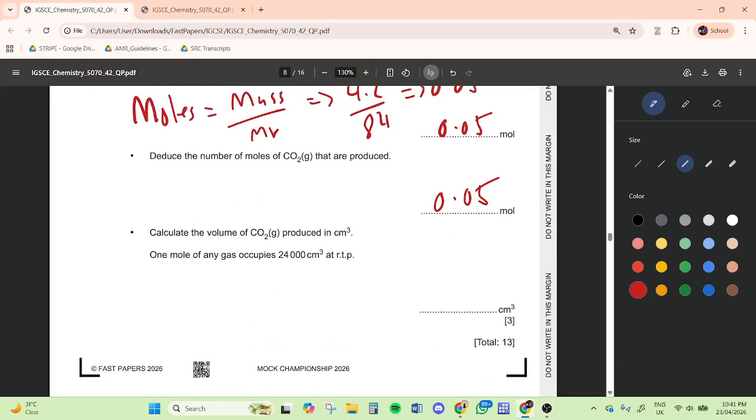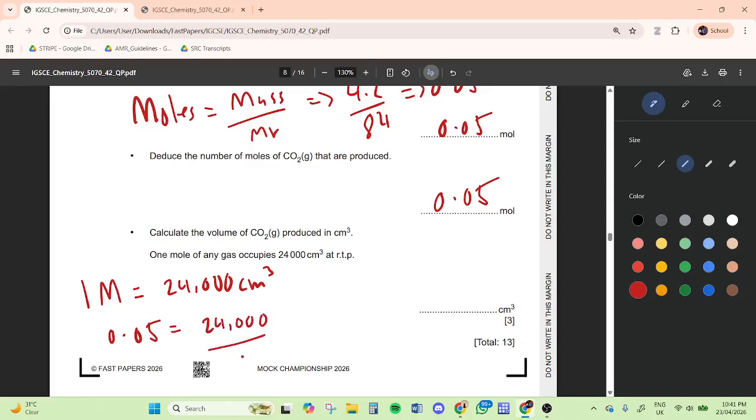Calculate the volume of CO2 produced in cm cubed. 1 mole of any gas occupies 24,000 cm cubed at room temperature and pressure. So what that means is 1 mole is equal to 24,000 cm cubed. So 0.05 moles is equal to 24,000.